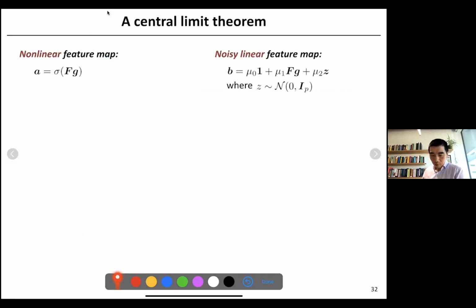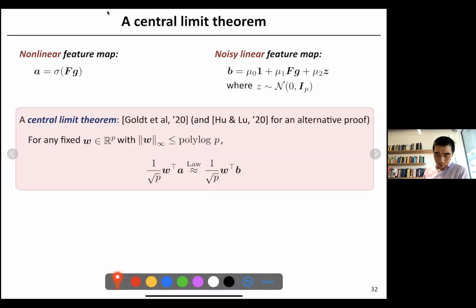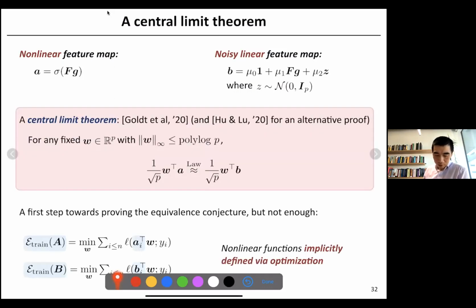I don't have time to go through the actual proof. I just want to highlight one key challenge in the proof. We want to show that the training error of the A version is equivalent to the training error of the B version.